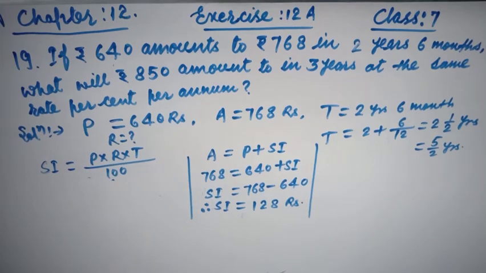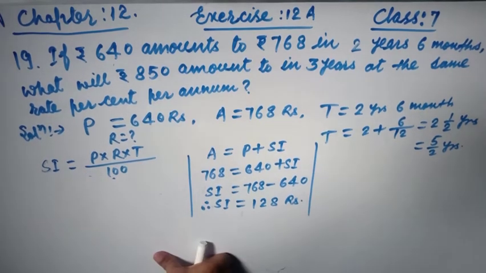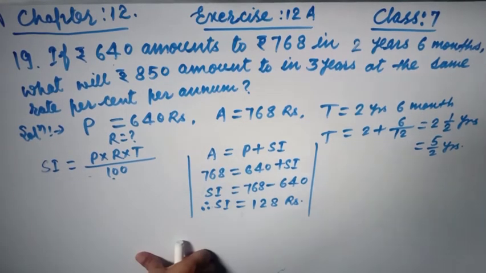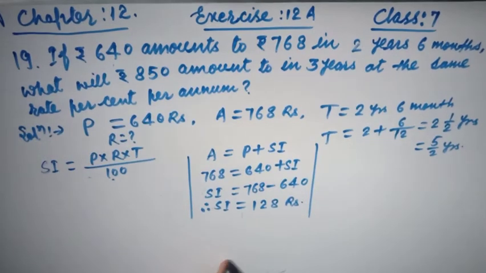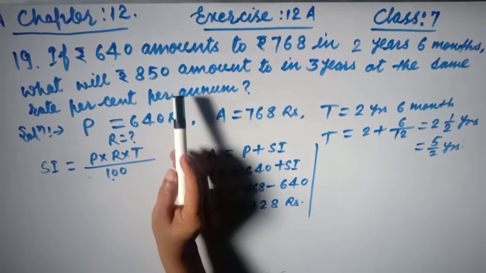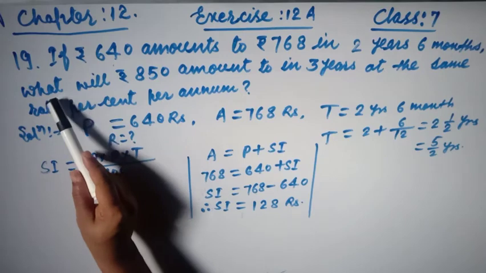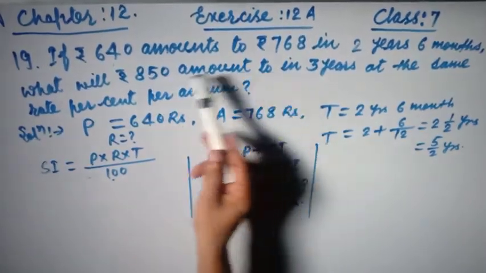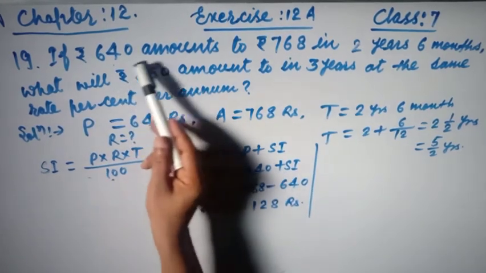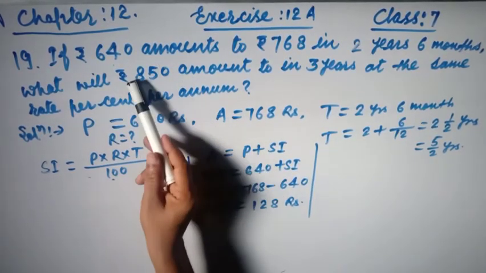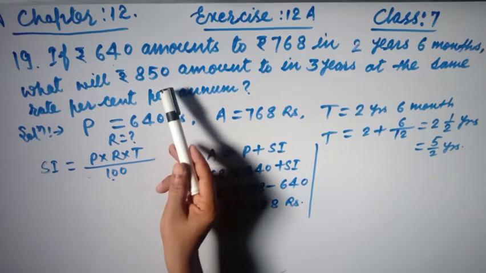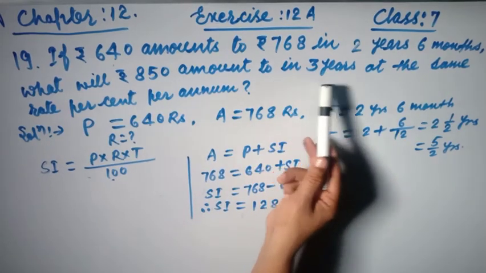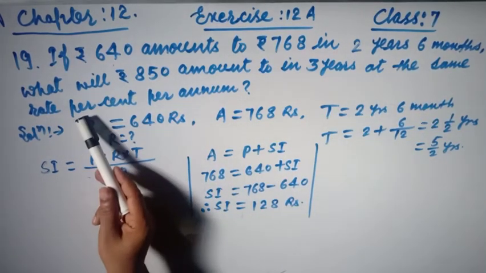That means here we have to find the rate percent. In the second statement we have to find the amount, because the question says what will 850 rupees amount to. In the second case, 850 rupees is considered as the principal, and the time is given as 3 years at the same rate percentage.